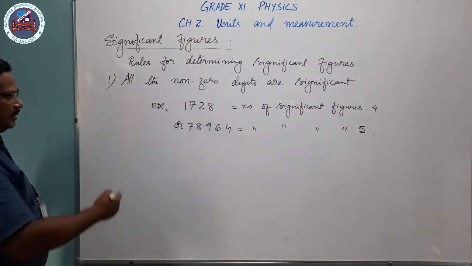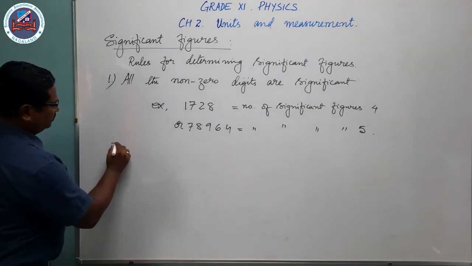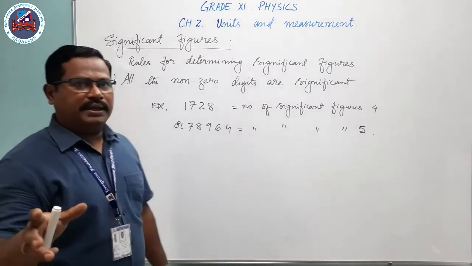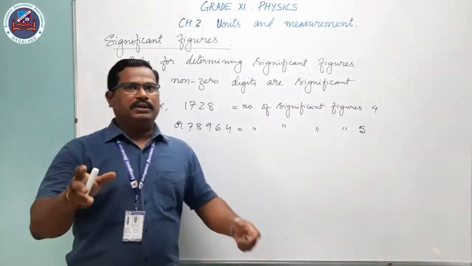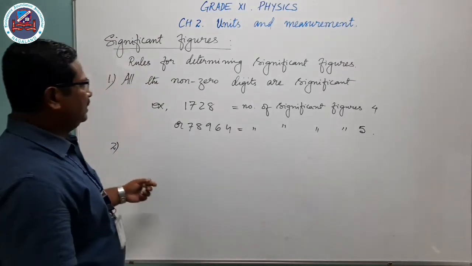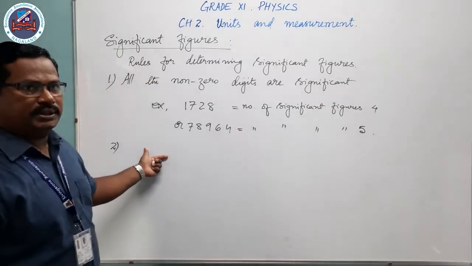Now let us see the second rule. It says that if any zero comes in between any two given non-zero digits, then they are also significant.